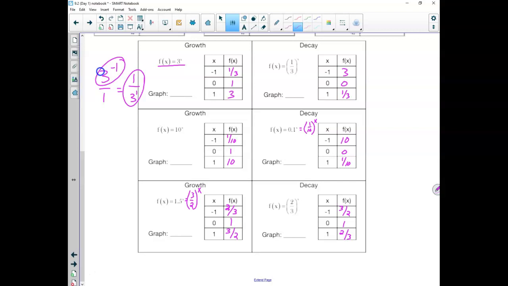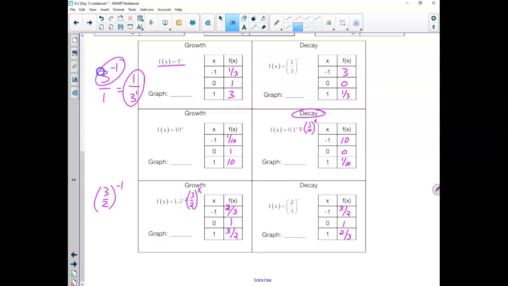And when I'm looking here at this decay, 0.1 is 1 over 10 to the x. 1.5, I really don't like decimals, I'll be honest. 1.5 is really 3 over 2. So when I take 3 over 2 to the negative 1 power, a negative exponent just flips the fraction, okay?